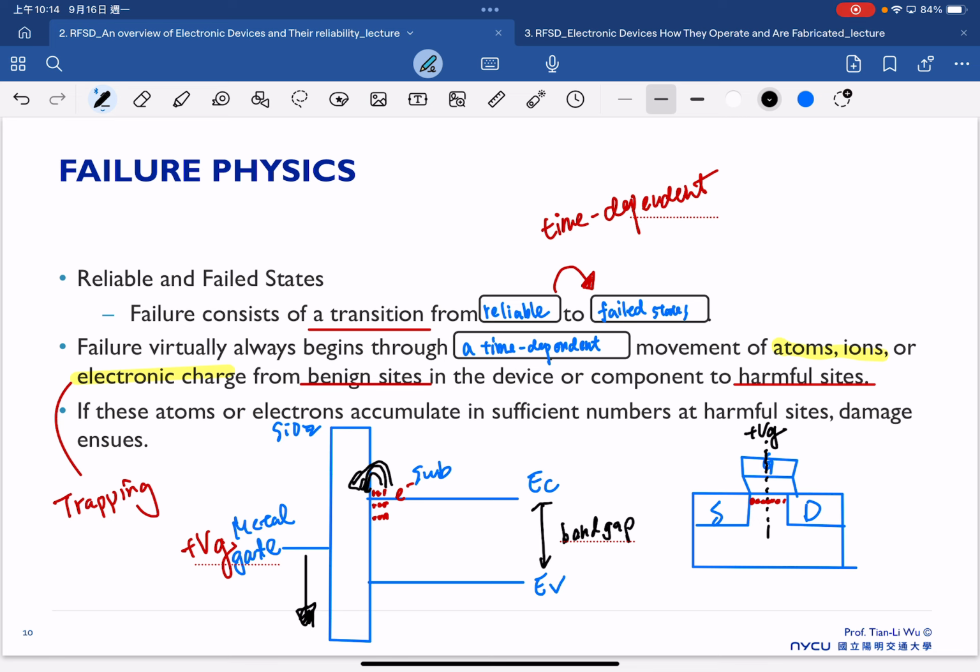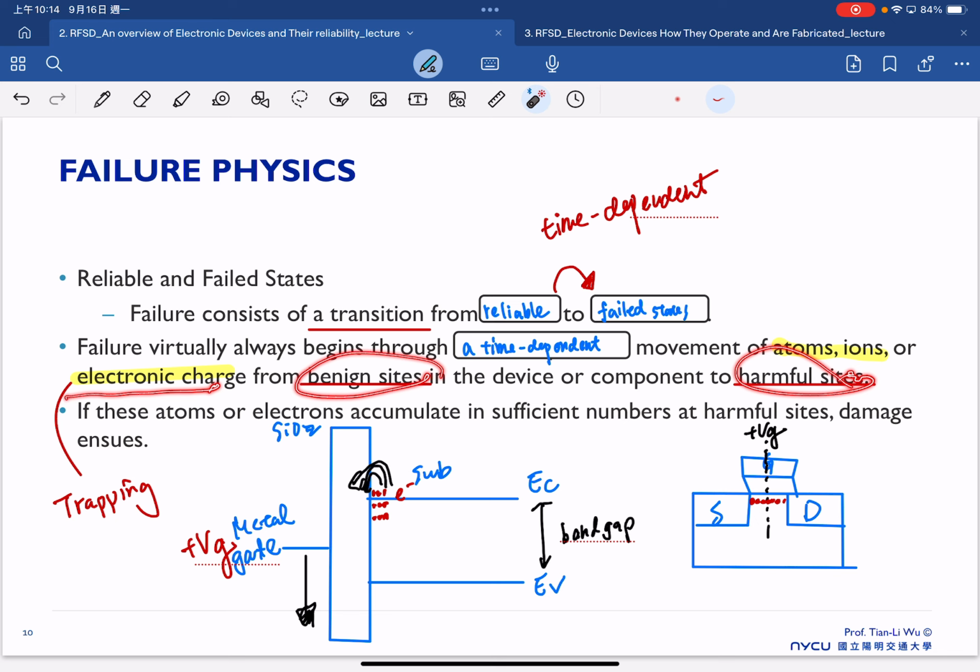We have a negative charge below the silicon dioxide. So it's pretty straightforward that this electronic charge will tend to move towards the positive bias here. That's how the text says that failure always begins through a time-dependent movement of the electronic charge from the benign side to the harmful side.